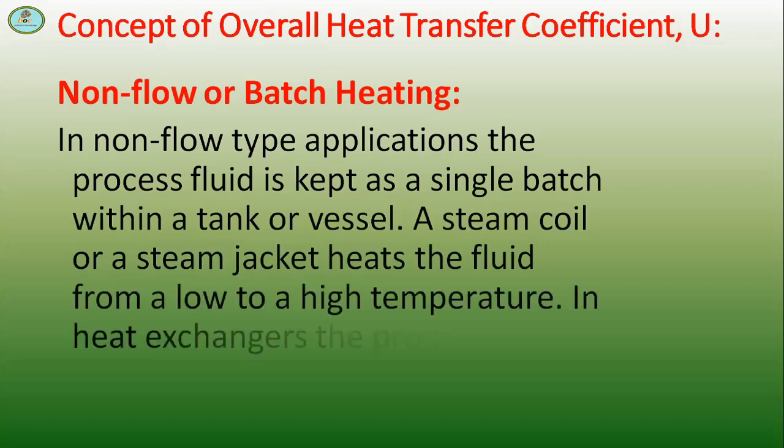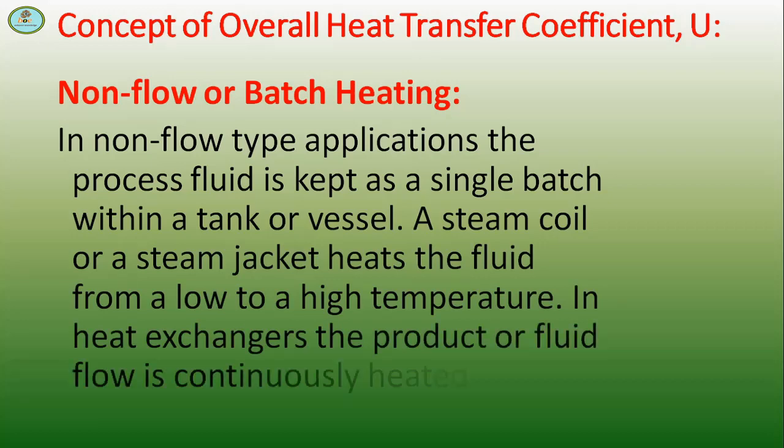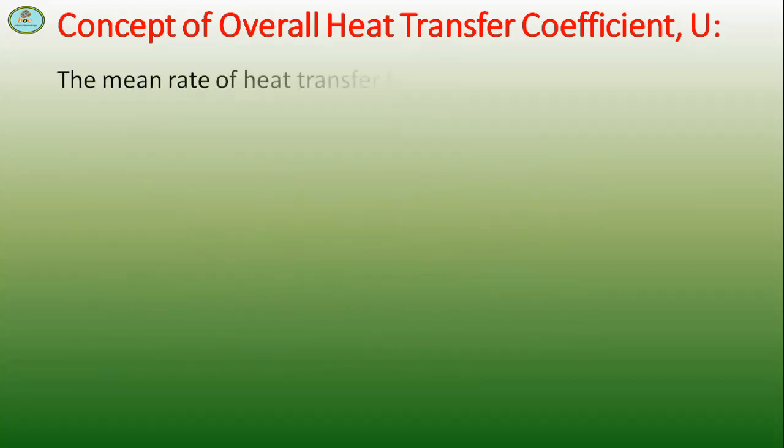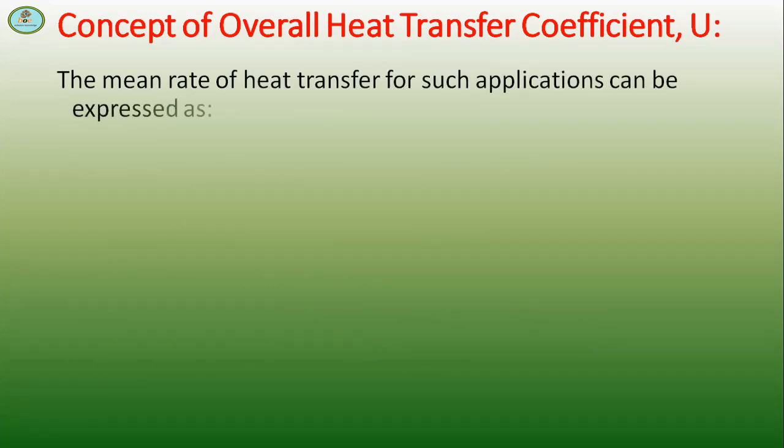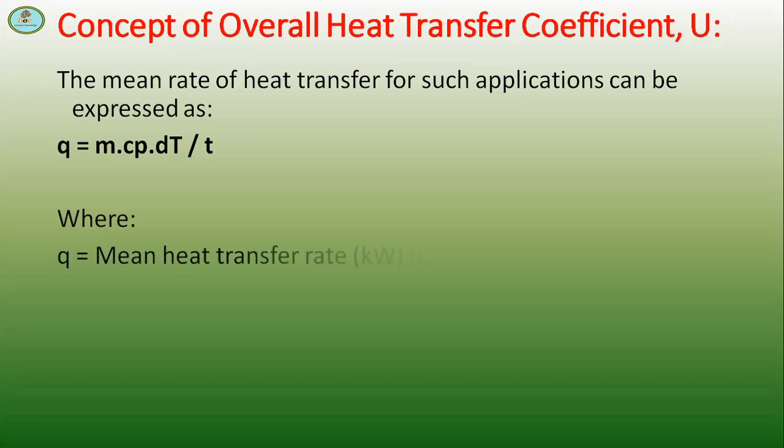In heat exchangers, the product or fluid flow is continuously heated. The mean rate of heat transfer for such applications can be expressed as follows. Q is equal to m into Cp into delta T upon T, where Q is mean heat transfer rate in kilowatt or kilojoule per second or HP or BTU per second.